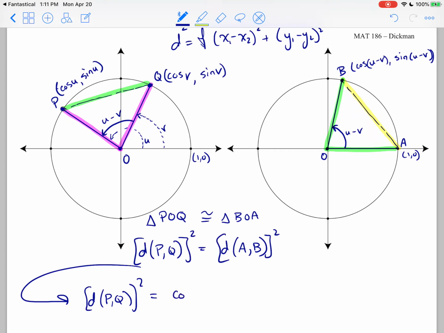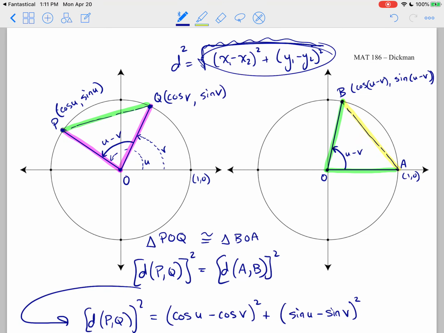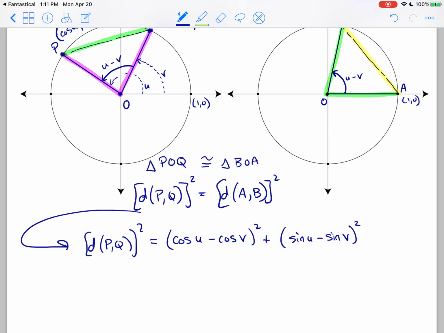So that's going to be cosine U minus cosine V, squared, plus the difference in the y values, which are sine of U minus sine of V, and that is also squared. So I just really use the distance formula here, which is just another Pythagorean theorem. This is really a squared plus b squared equals c squared, right?